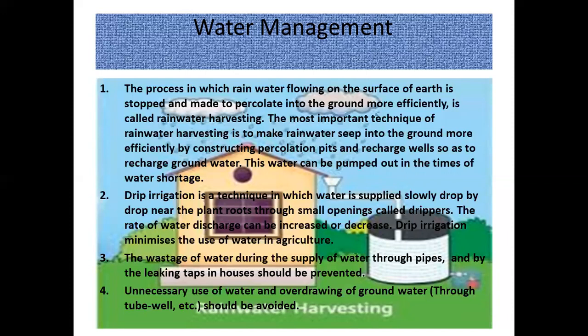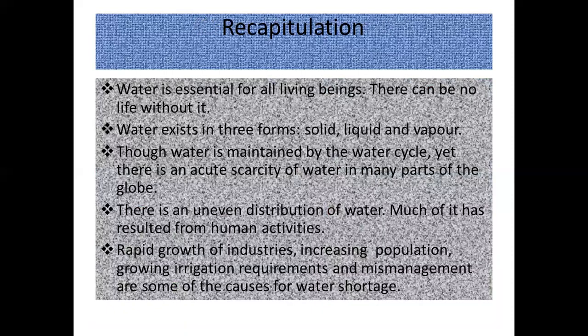Drip irrigation minimizes the use of water in agriculture. The wastage of water during the supply of water through pipes and by leaking taps in houses should be prevented. Unnecessary use of water and overdrawing of groundwater through tube wells, etc., should be avoided.